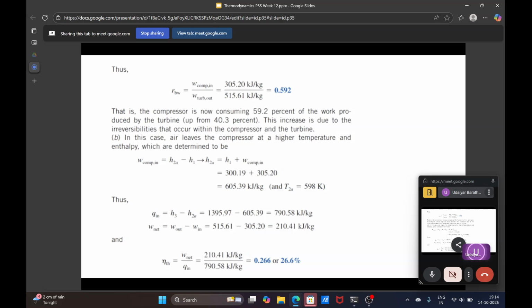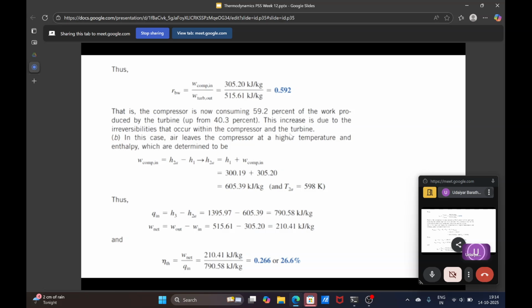So this has increased from 40.3% to 59.2%. Previously, in the isentropic case, the back work ratio was 40.3%, but now with the efficiencies given, it has increased to 59.2%. This is because of the irreversibility occurring in the compressor and turbine.